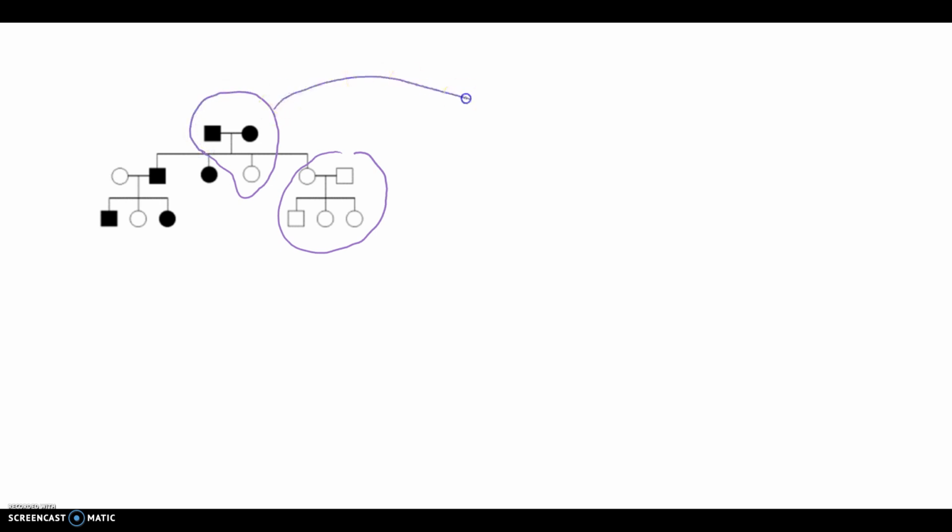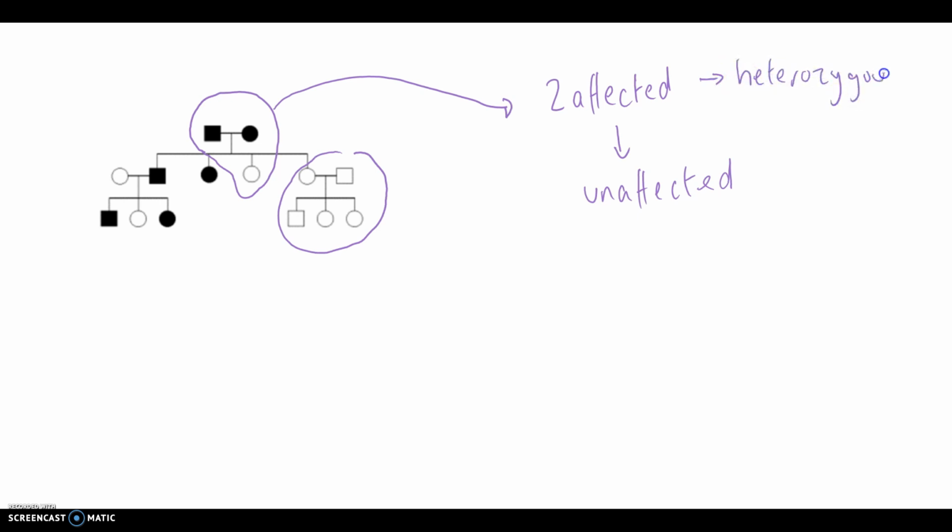What we have here are two affected parents giving us an unaffected child. Now, what does this tell us about the parents? Well, it tells us that the parents must be heterozygous because they are having offspring that have a different genotype to themselves. And if they're heterozygous and affected and they're having an unaffected child, then that means that the trait must be dominant.